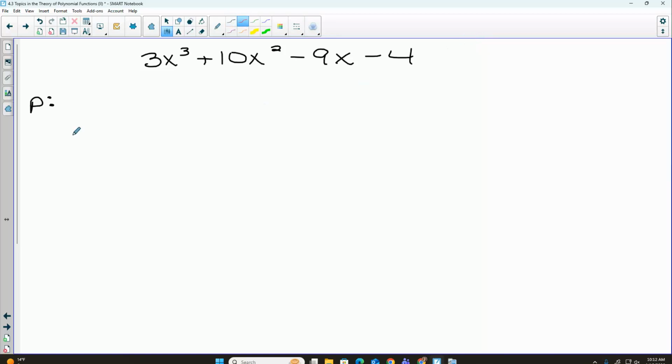Plus minus. What else? Good. So it's everything that goes into 4. So 1, 2, and 4, everything gets plus and minus.